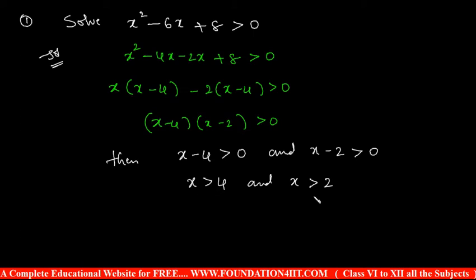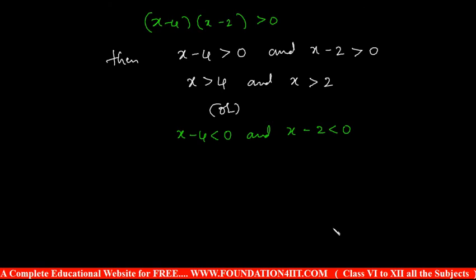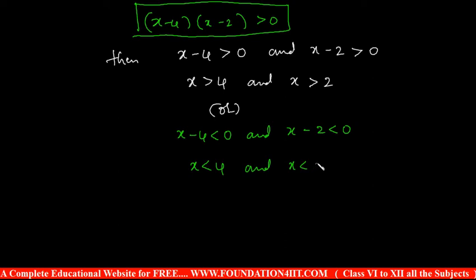Or both must be negative, that is x minus 4 less than 0 and x minus 2 less than 0. From this, x is less than 4 and x is less than 2. This gives the solution set.